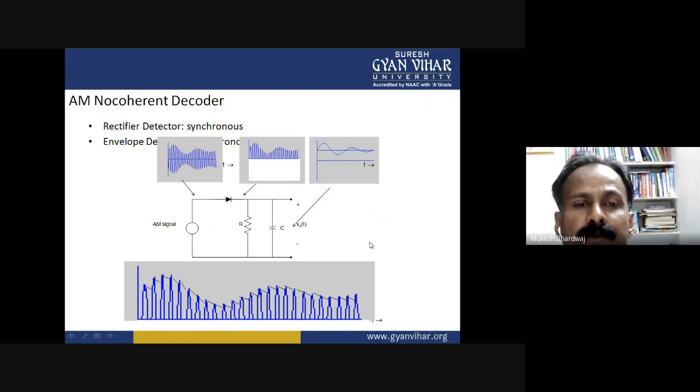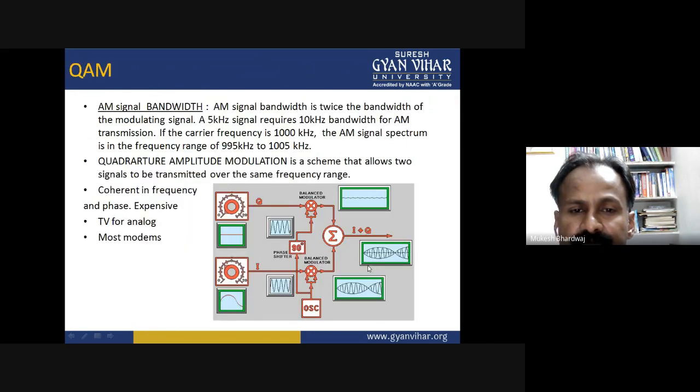Amplitude modulated non-coherent detector, rectifier detector, synchronous envelope detector, and these are some of the diagrams shown. Now quadrature amplitude modulation, QAM.